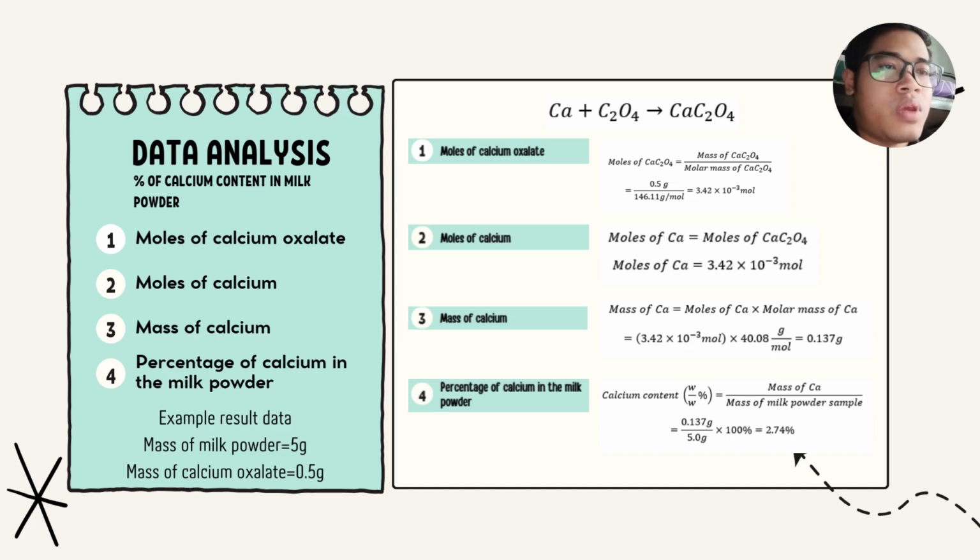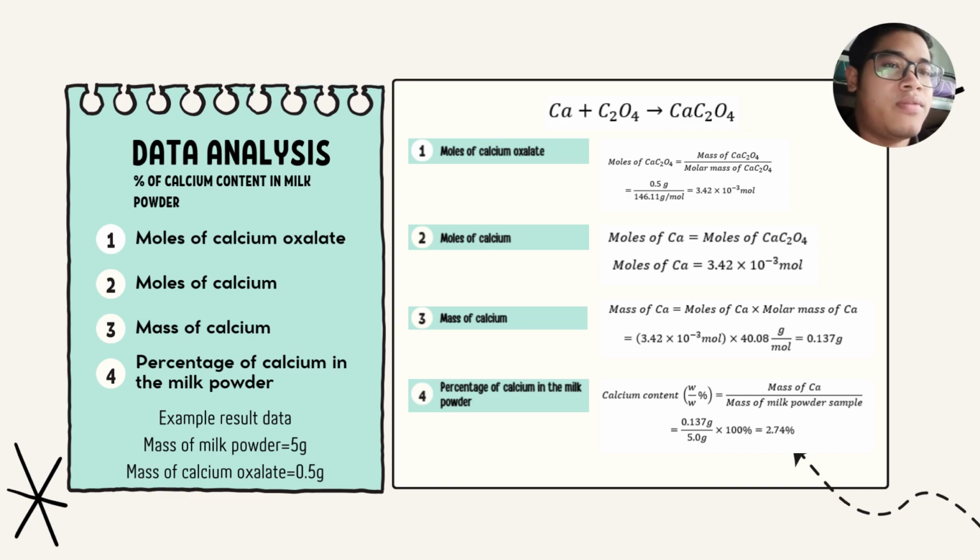Next, the mass of calcium. We can find the mass of calcium by using the formula moles of calcium times molar mass of calcium, and the mass obtained is 0.137 grams. And the last one is the percentage of calcium content.